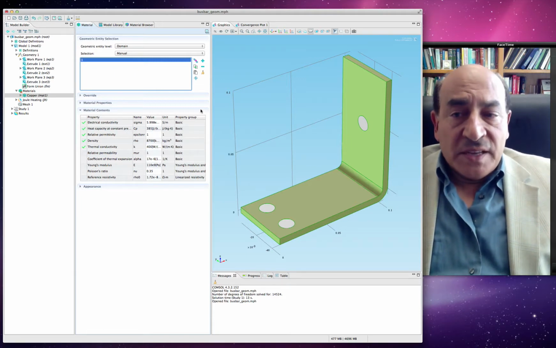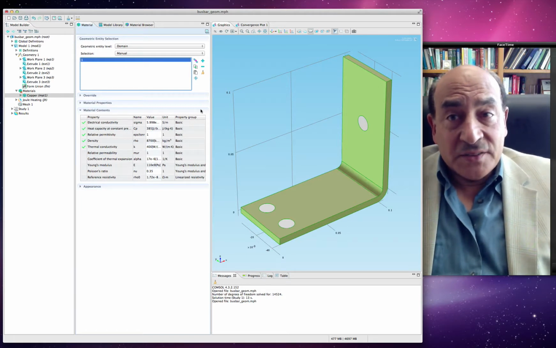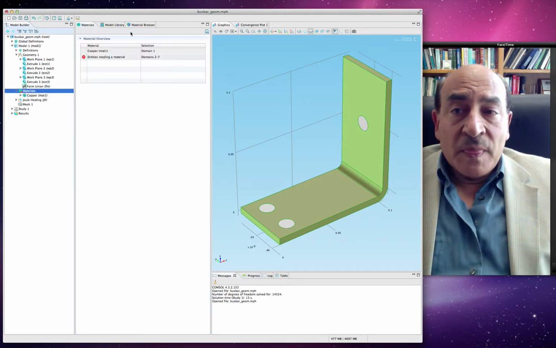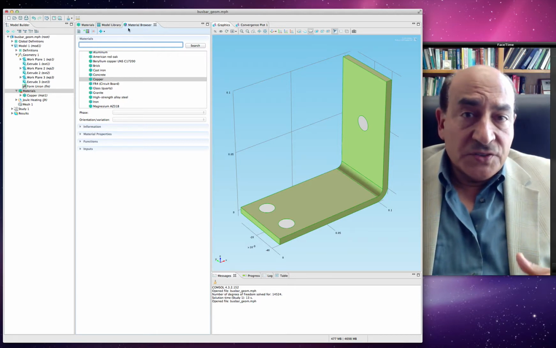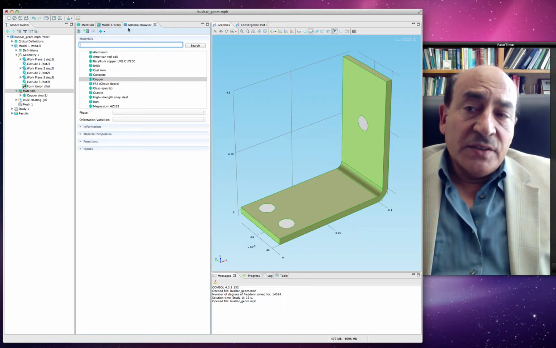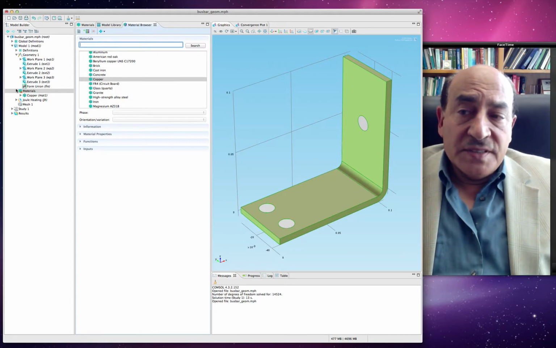Okay, so now I'm still not clear because there's 3 bolts that are not defined. So I have to go to materials again and open the material browser. And by the way, you note that if you don't introduce the material, you're going to get an error. So you can see here, maybe if the resolution is good enough, under materials there is a red cross here that shows that we have something undefined.